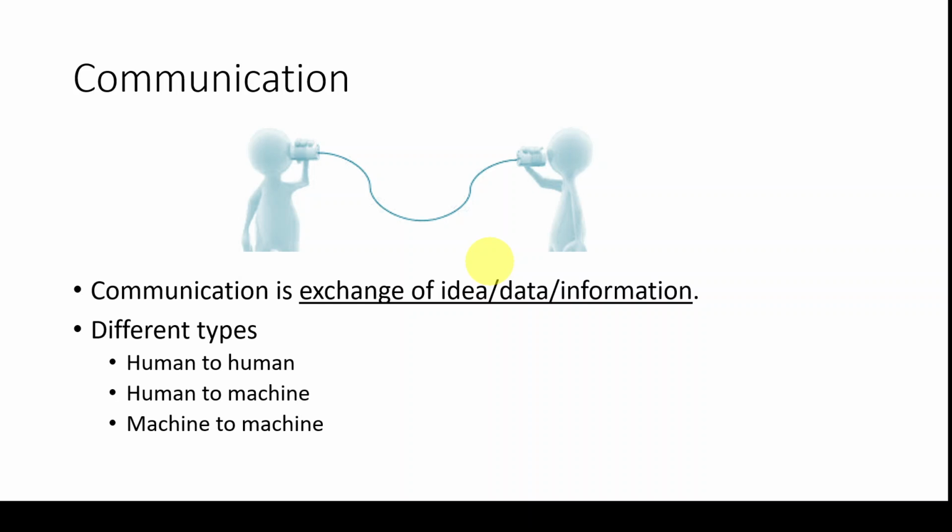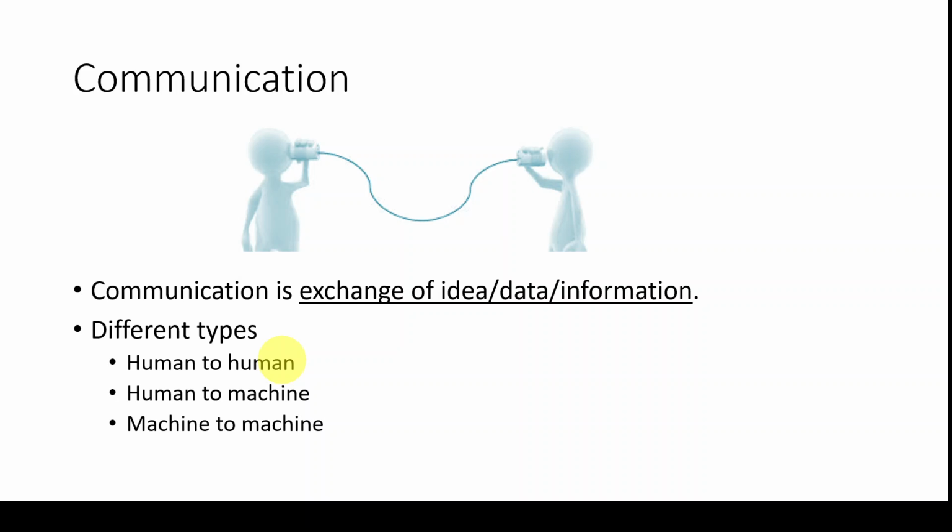Communication is all about exchanging ideas, data, information, etc. So we can identify three types of communication. What are those? Human to human communication, human to machine communication, and machine to machine communication.